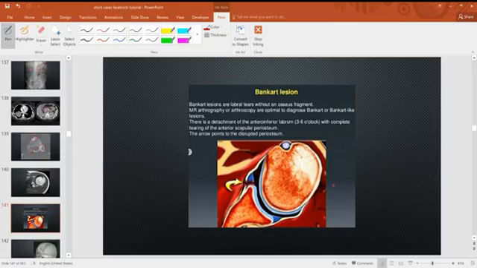Without it, we miss these lesions. This is an anterior inferior labral tear, complete with scapular periosteum tear, and this sketch describes the labral tear, complete with the periosteum cut.